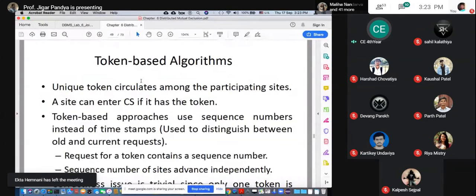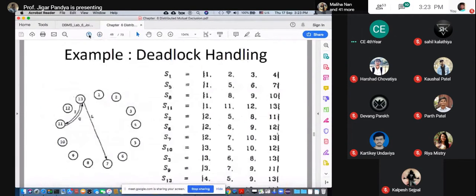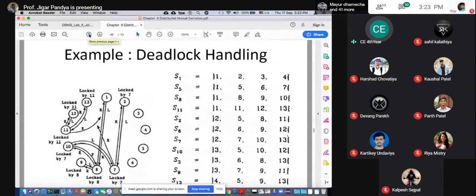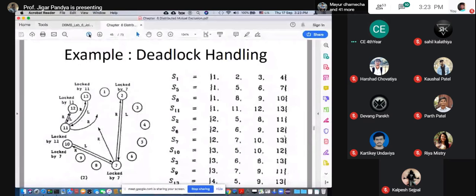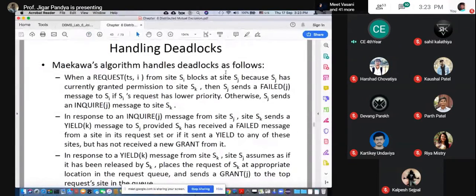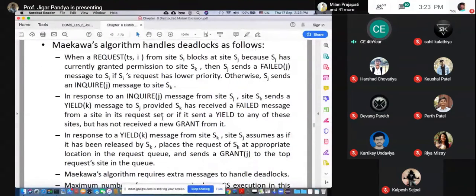I don't know if it is written in the theory or not. Let me just see. If not, I will have to give you another slide, because there were two slides I was referring to. Okay, handling deadlock. This is the theoretical answer to handling deadlock. Let's just go through it. It will definitely make sense.